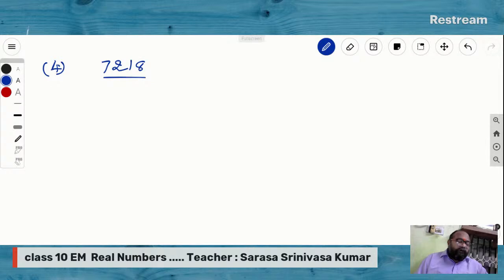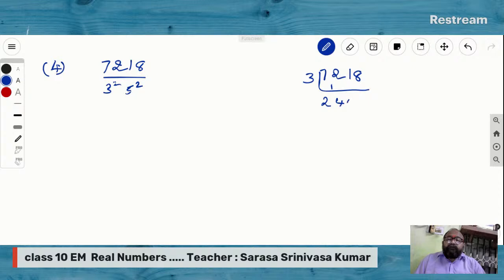7218 divided by 3 square 5 square. Now we find the prime factors for 7218. 3 twos, 6, so 3 fours, 0, 6.